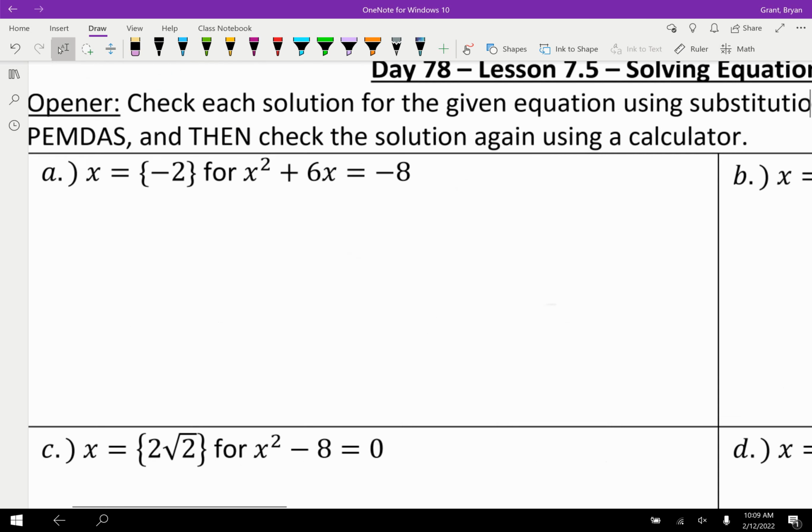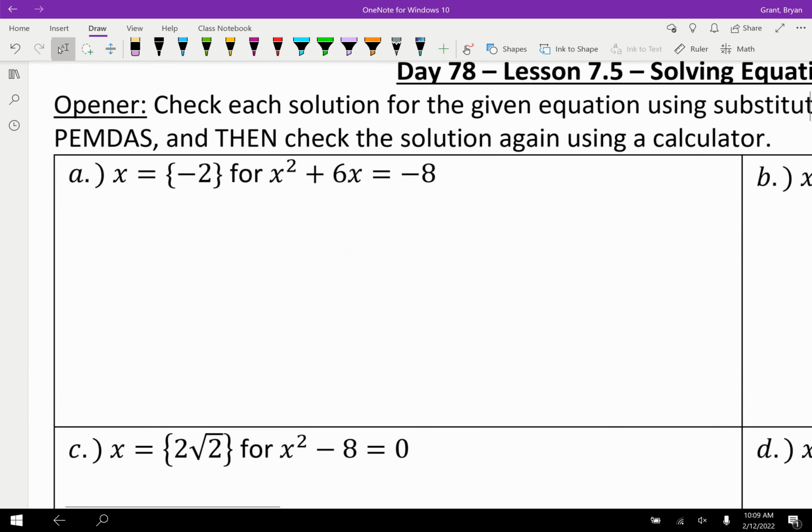We've done this many times before, so let's take a quick peek. We're going to say x equals -2, that is my solution. The giveaway are those curly braces right there, which show you our nice answer. And then we're given an equation, x squared plus 6x equals -8. To check our solution, we're going to replace all of the x's with the solution.